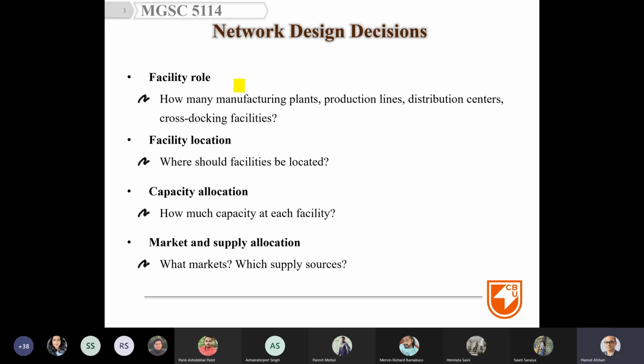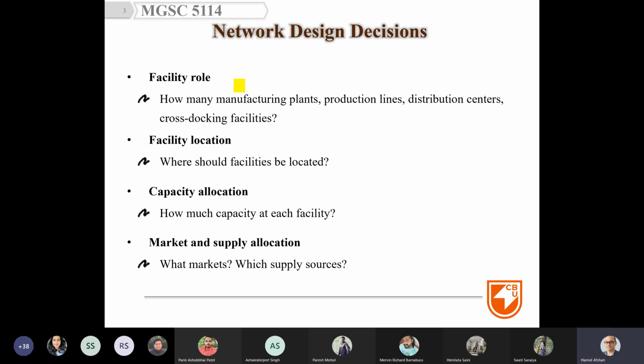When you want to design a network, first of all, let's open it up. What do we mean by a network? Do you have any idea? What is the definition of a network? Any comment?